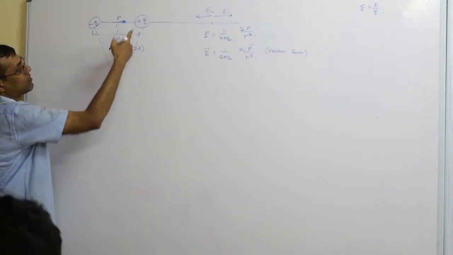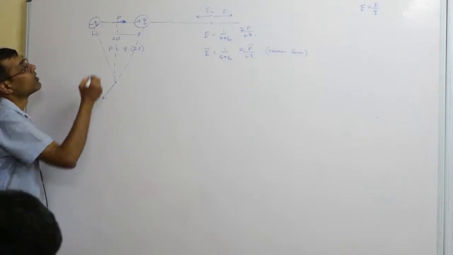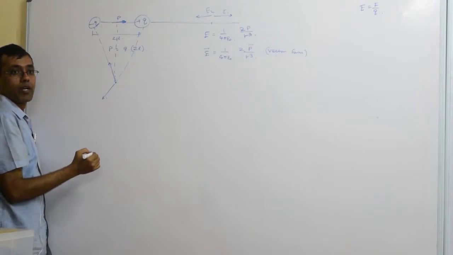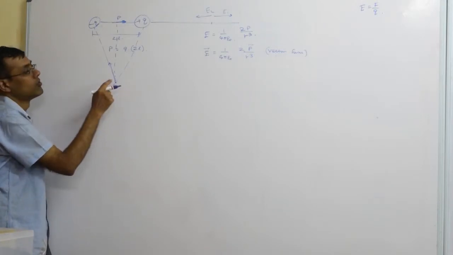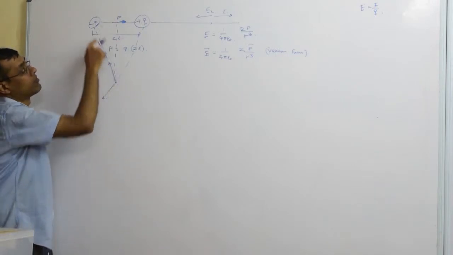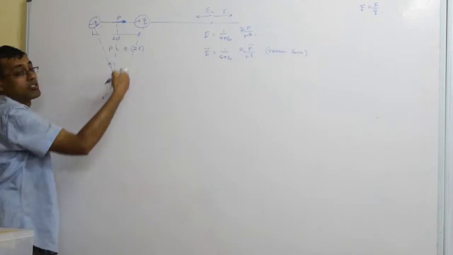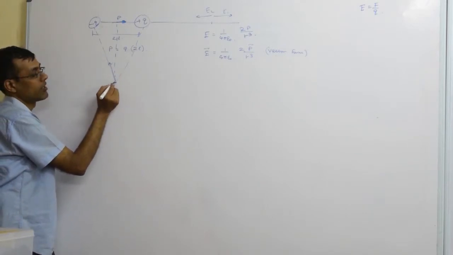So if I put a test charge here, this is going to repel this way. If I put a test charge here, it's going to get attracted this way, right? Test charge means it's always positive, so plus and plus repels, plus and minus attracts. But since it is from the same distance, we said this and this will be equal, right?